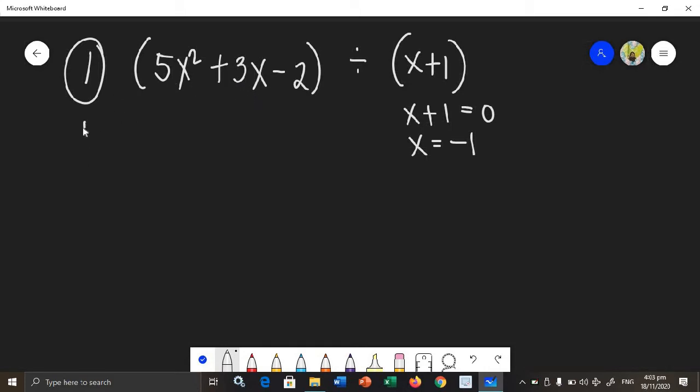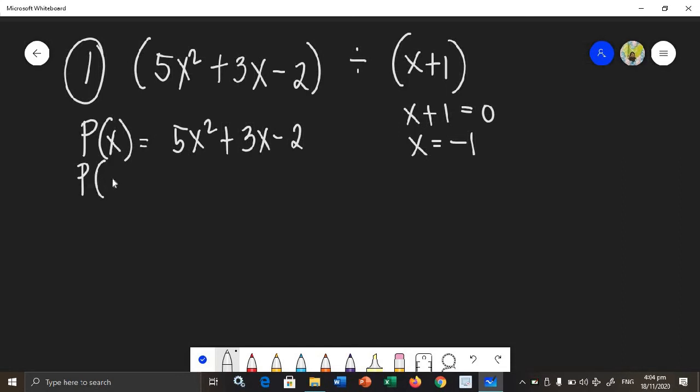We have p(x), and our given is 5x squared plus 3x minus 2. Using the value of c, which is negative 1, we will substitute negative 1 to all the x's in the given polynomial. That is how you evaluate polynomials, using the substitution method.